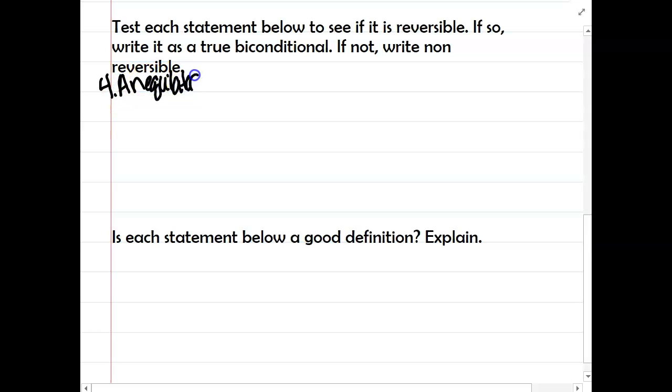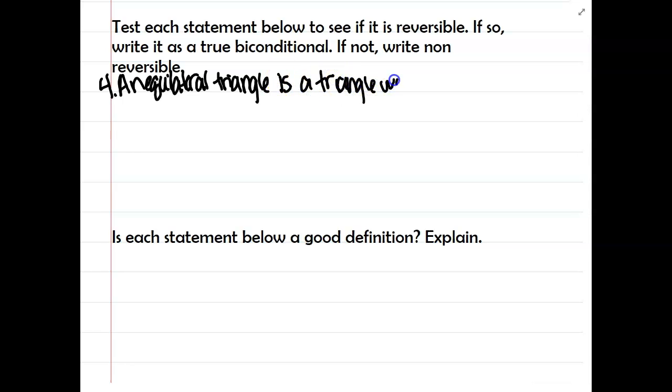an equilateral triangle is a triangle with 3 congruent sides. And I'm okay if you guys want to use the notation of the congruent symbol instead of writing it out.